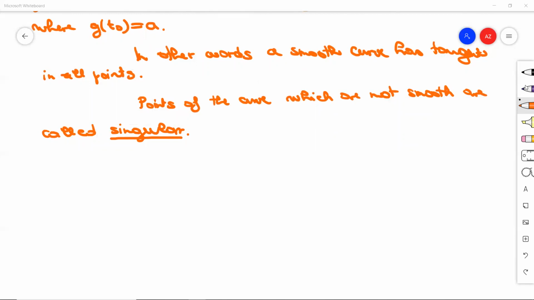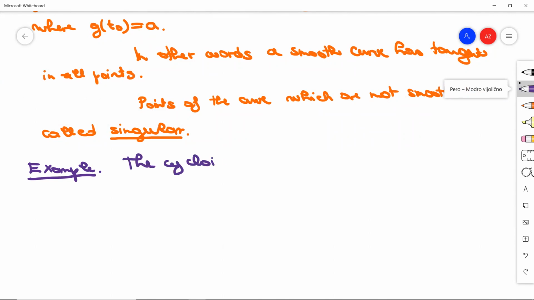So I will just motivate the beginning of the next hour. Example. We had the cycloid. The definition of the cycloid was f of t.